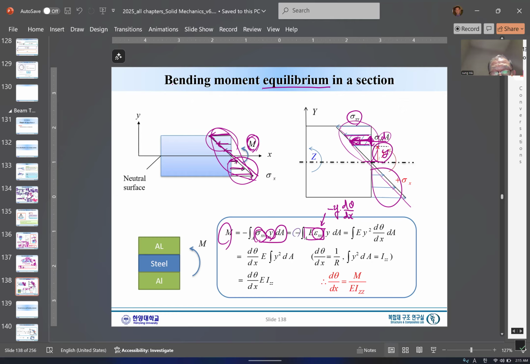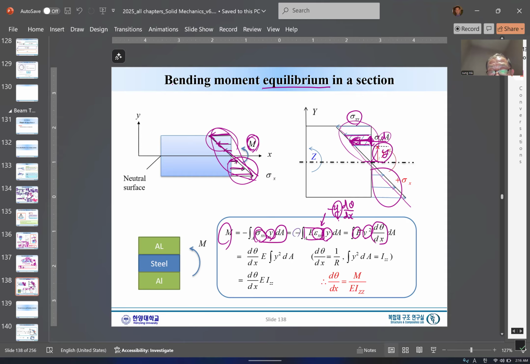Now we are approaching the most important equation. Here there was a y and there is another y here, and these give us y squared, Young's modulus, and d theta over dx.